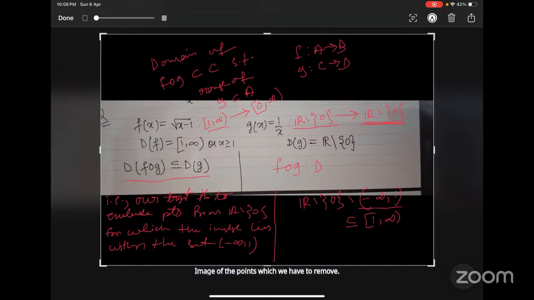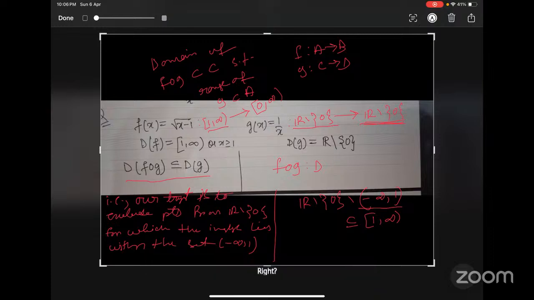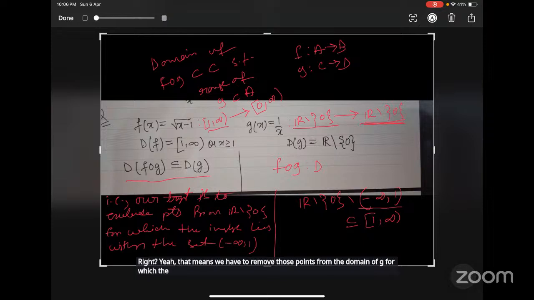Because if I remove this portion from the range of g, then the new range of g will be a subset of the domain of f, right? That is what we want. Yes, ma'am. That means we have to remove those points from the domain of g for which the functional value or the image is within minus infinity to 1.